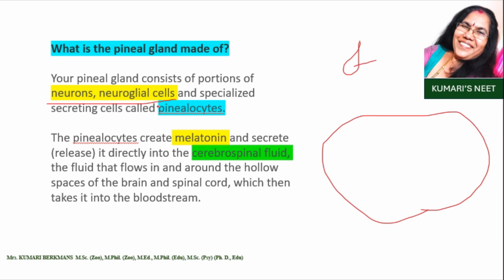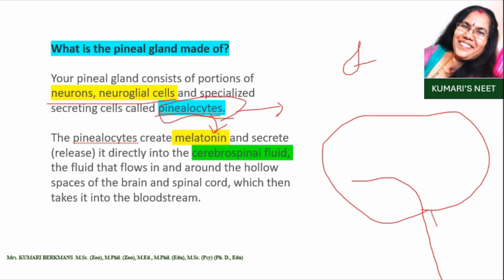And specialized secreting cells are called pinealocytes, the cells which secrete the hormone. Which hormone? Melatonin. This hormone is secreted by pinealocytes. The secretion is directly secreted into, see, for example, this is the brain, in the sense, this hormone is secreted into the cerebrospinal fluid.